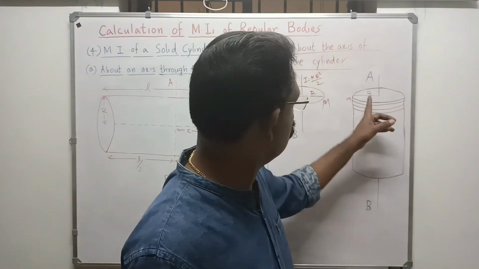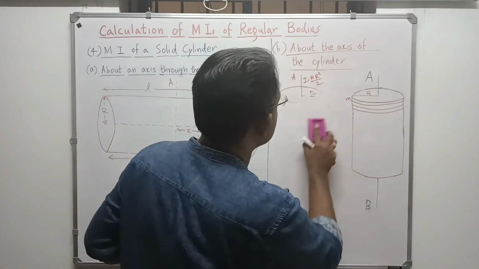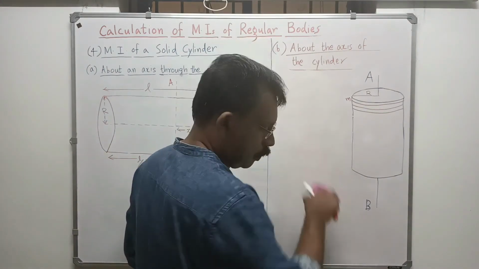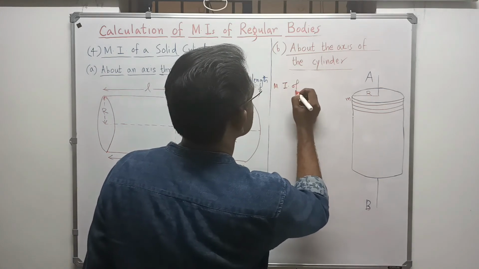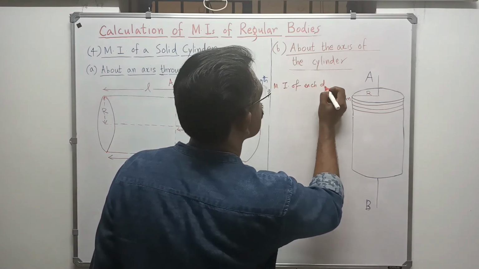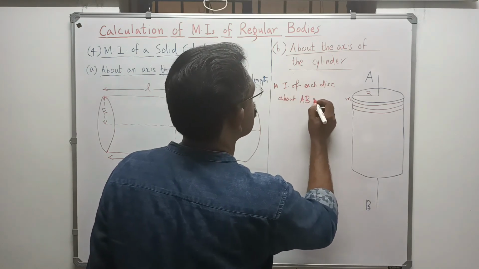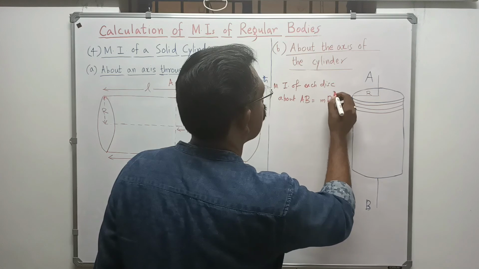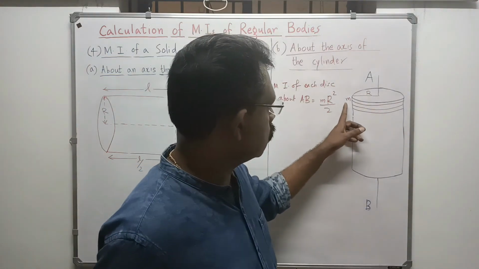So you know that this is the equation for the moment of inertia of each disc. I can write the first equation as: moment of inertia of each disc about AB is equal to m into r squared divided by 2. We have already studied mr squared by 2, since here m is the mass of each disc.